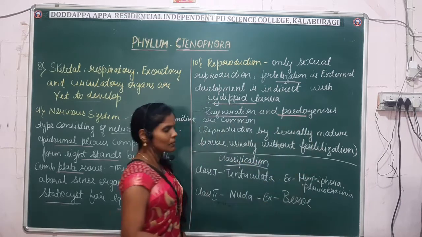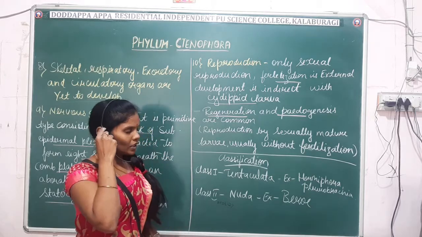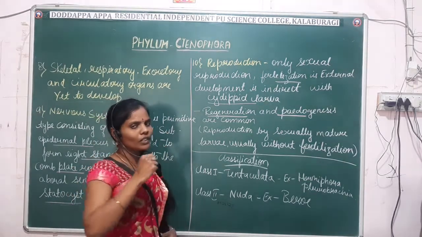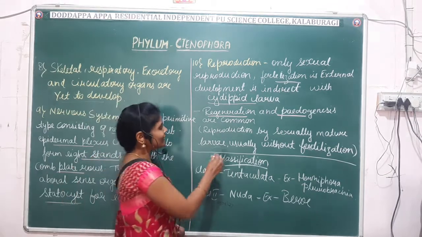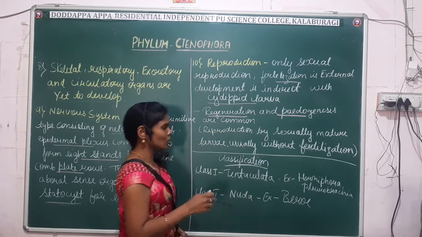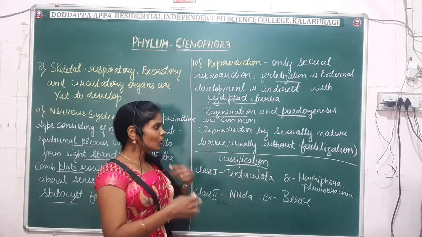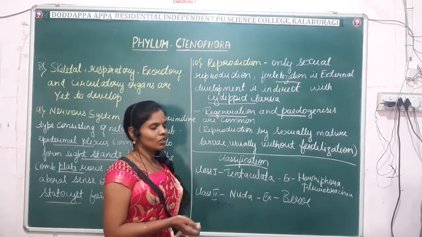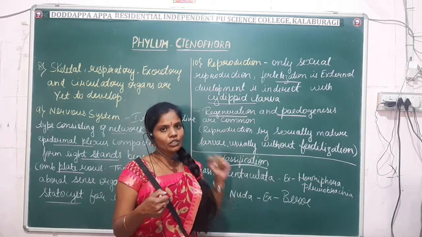You already know what regeneration means: the regaining of the lost part of the body. Then what do you mean by pedogenesis? It is nothing but the reproduction by sexually mature larva, usually without fertilization. Without fertilization, the sexually mature larva is produced. That is commonly known as pedogenesis.